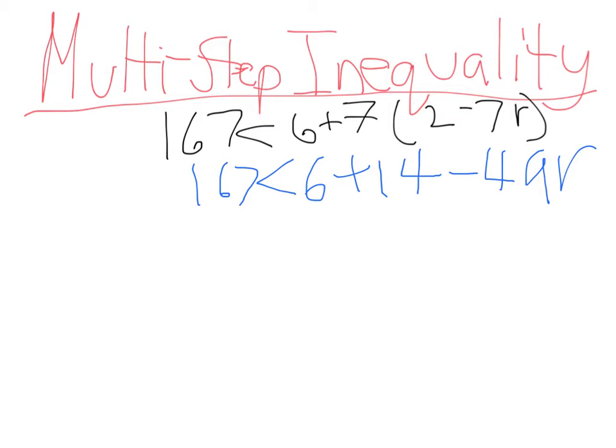And so now we're going to have to combine like terms. So we're going to have to do 6 plus 14, and that's going to give us 20 minus 49r.